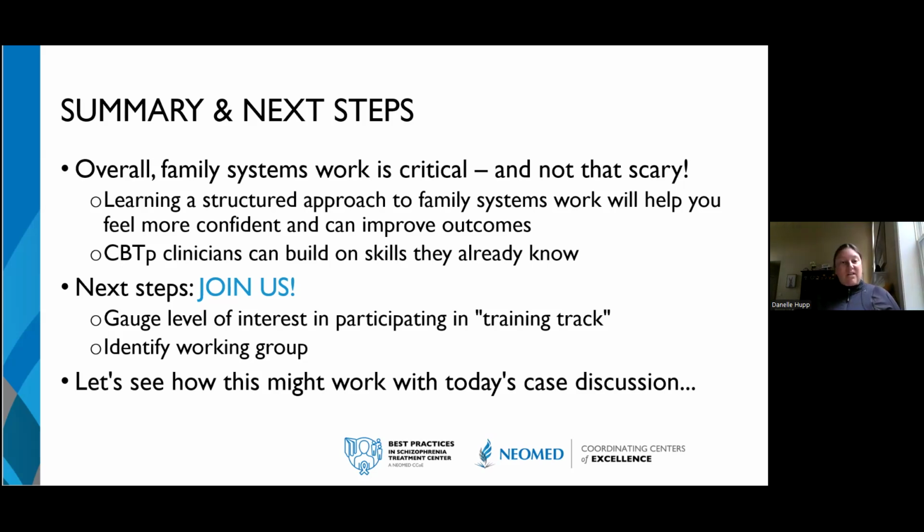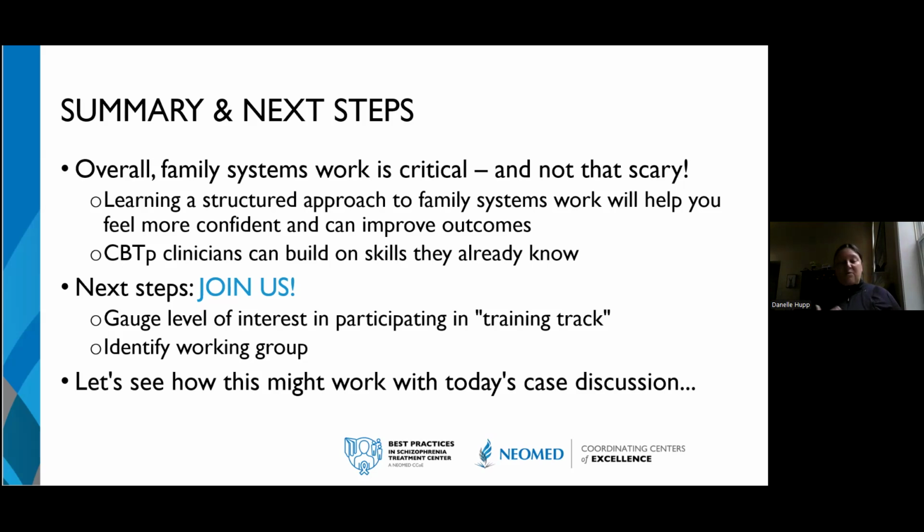And then shortly, in the next couple months, really thinking about identifying a working group to identify what are those topics that are really important to a CBTP clinician who does this work with individuals every day. And so to make sure that we're including the most critical information without something feeling overwhelming.